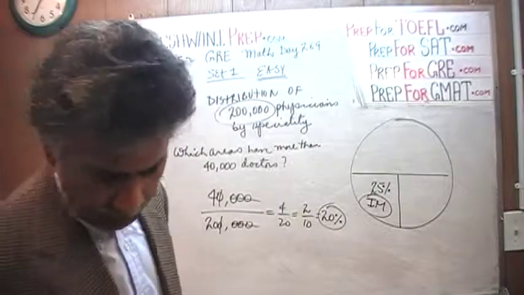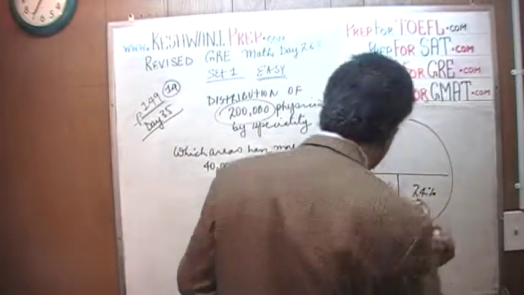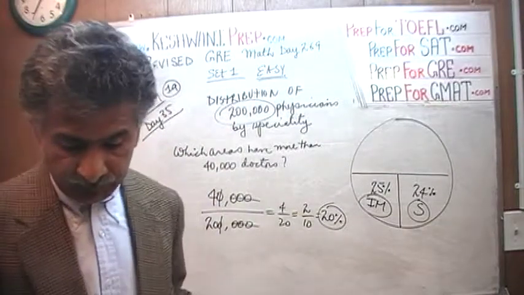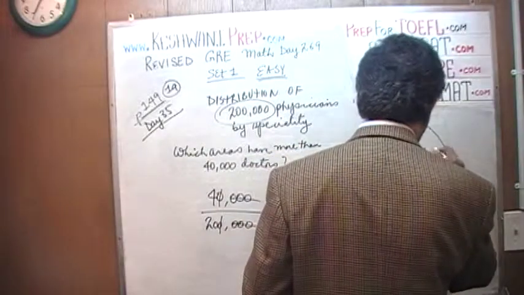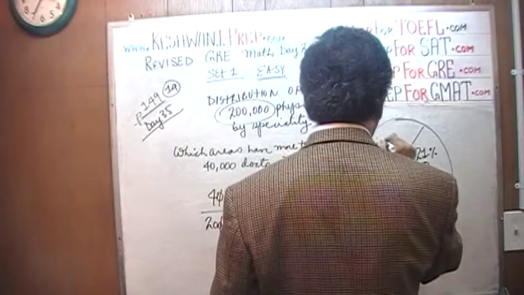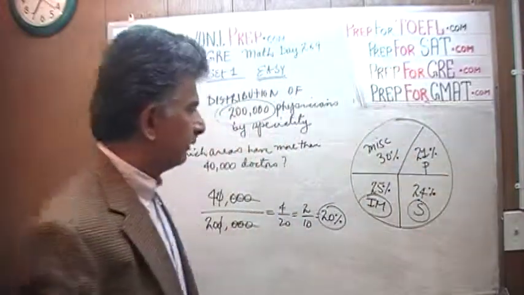Then if you look at the chart again, we have 24% for surgery. So that's another one. And then the third one that is more than 20% is pediatrics, which is 21%. And then we have miscellaneous, which is the remaining 30%.